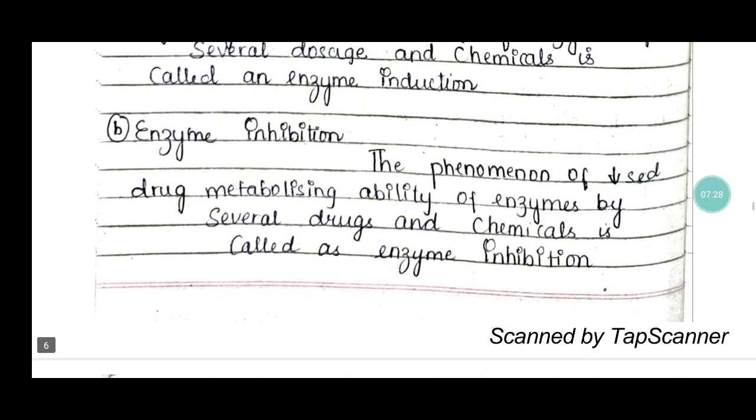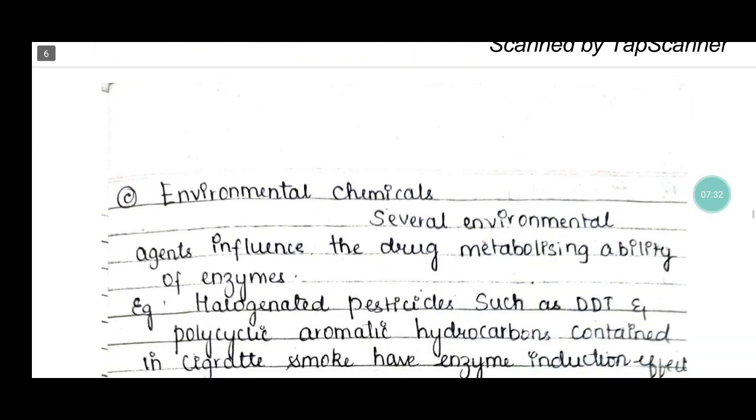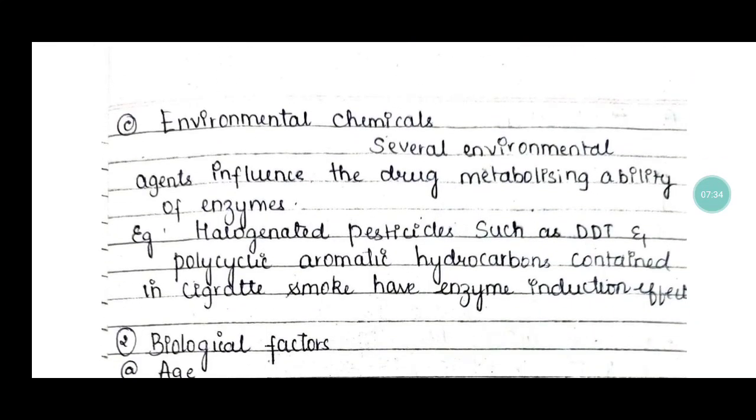So it is called enzyme inhibition. And number C, environmental factors or chemicals. Several environmental agents influence the drug metabolizing ability of the enzymes. Example, halogenated pesticides such as DDT and the polycyclic aromatic hydrocarbons contained in cigarette smoke have an enzyme induction effect.